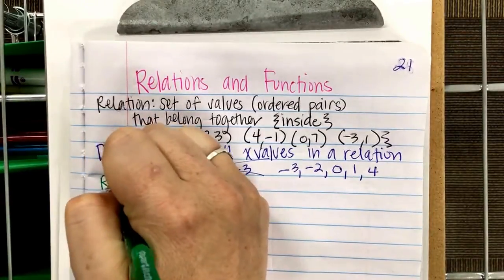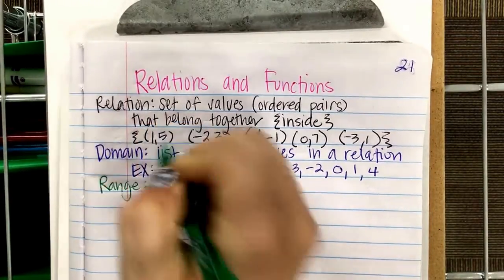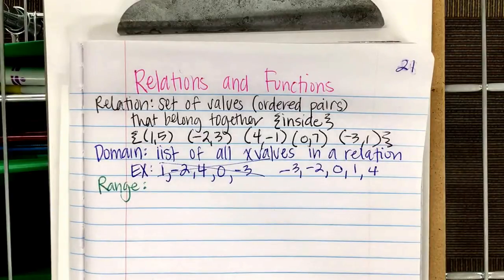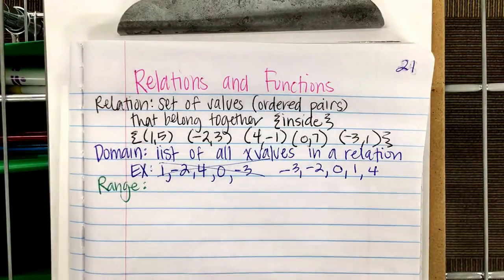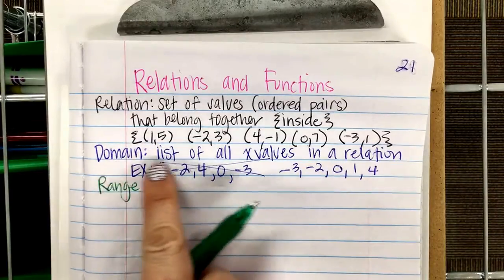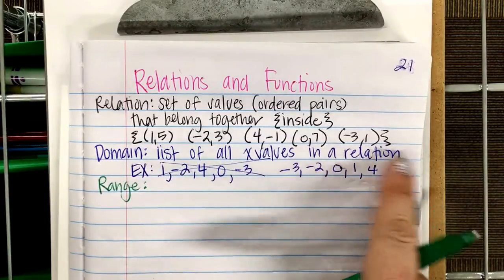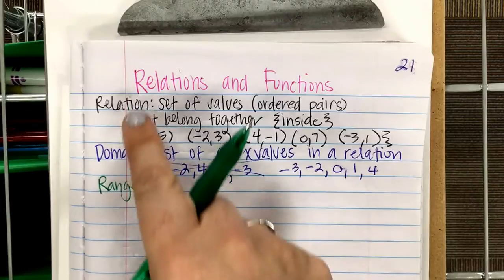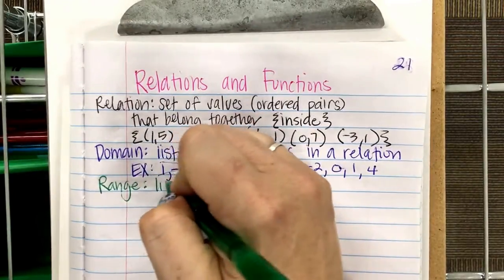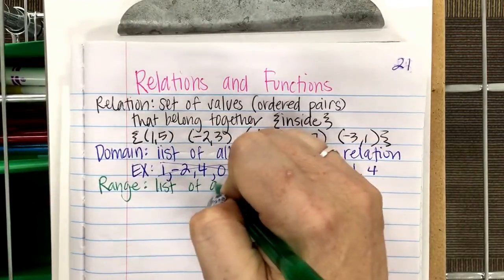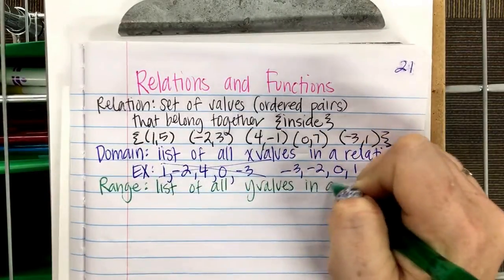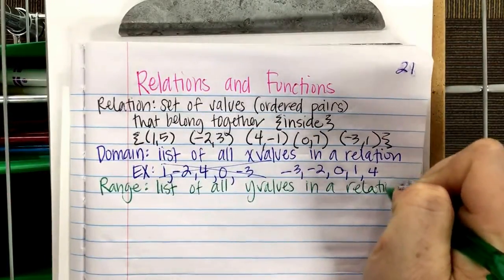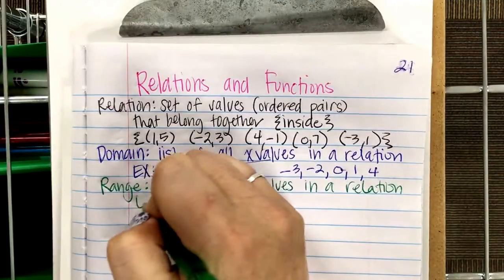Then there's this idea of range. Now, this range is different than the data and statistics range. This range is algebra range, right? This is a function range. If the domain is the list of all x values in a relation, the range of a relation is a list of all y values in a relation.